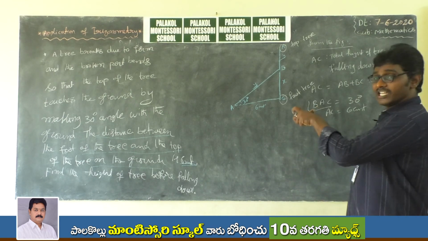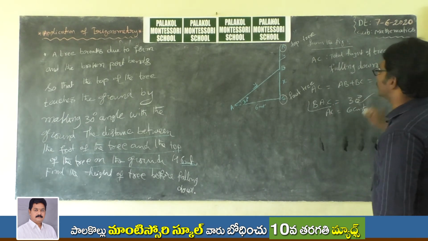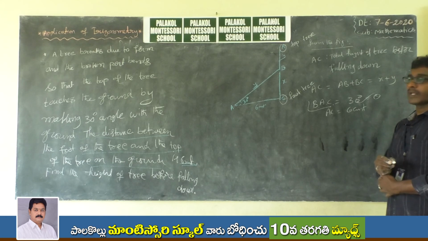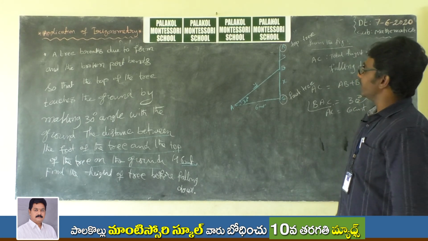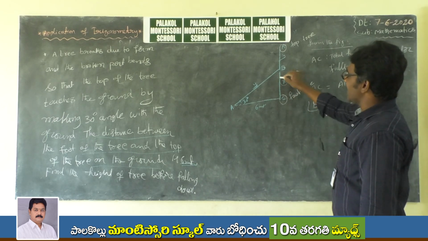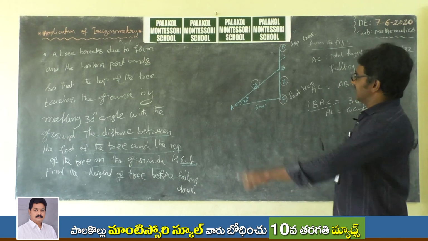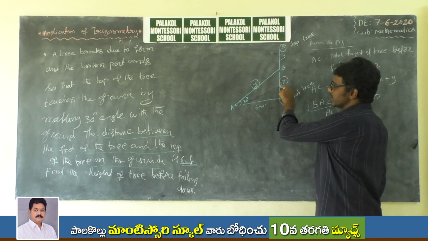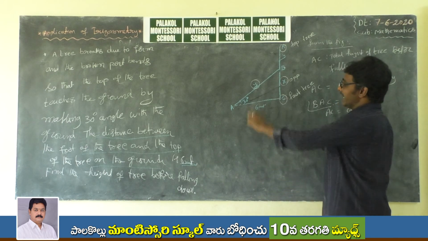The angle of elevation, angle BAC, is equal to 30 degrees, which we simply write as theta. Okay guys, here you find two unknown values, x and y.